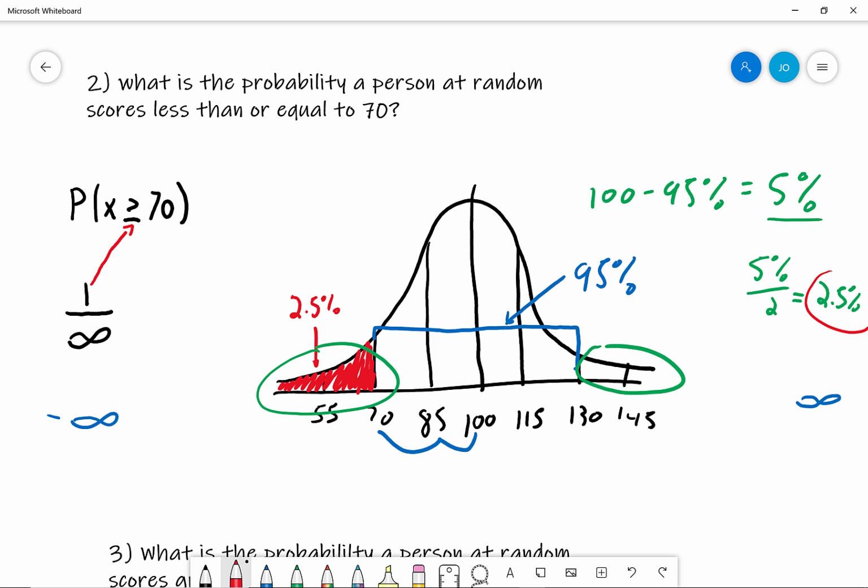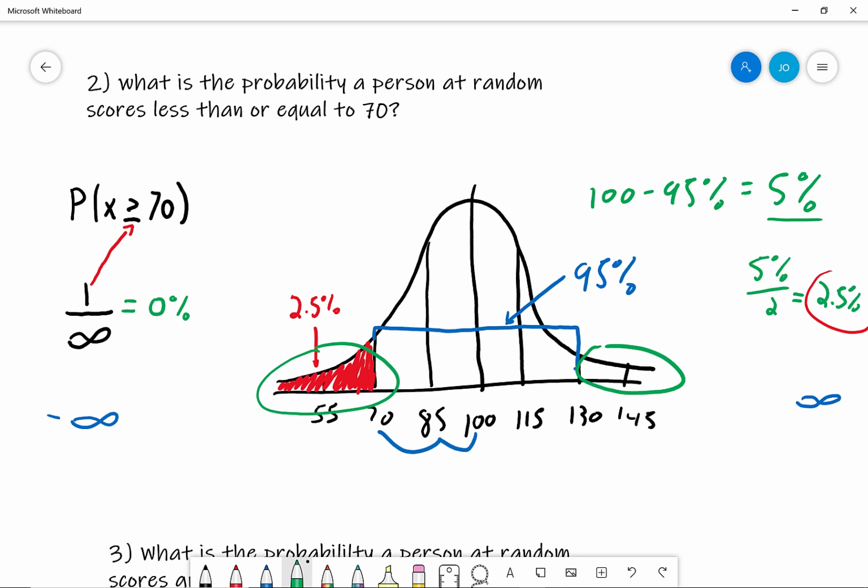How likely is it that we get exactly 70? Well, that's one outcome out of an infinite amount of possibilities. This comes out to equal 0%. So there's essentially a 0% chance that we end up with getting one specific exact outcome.